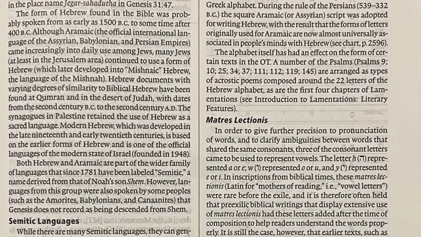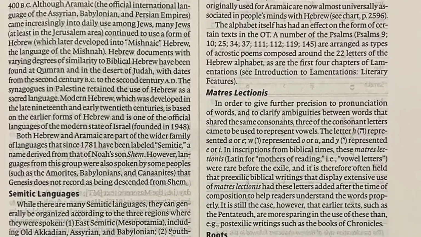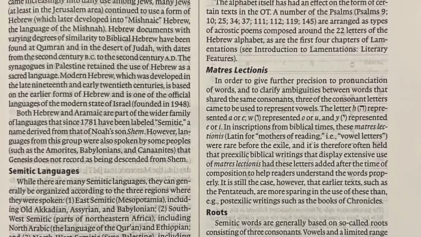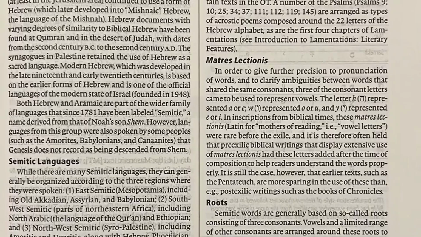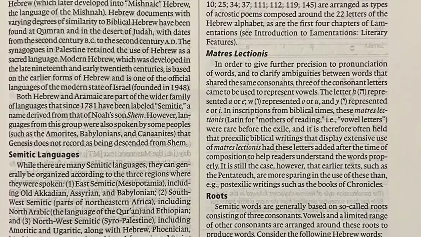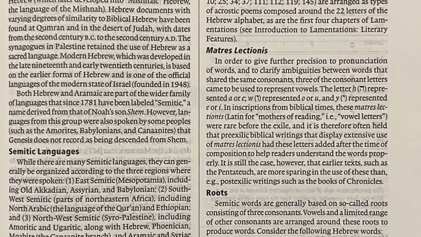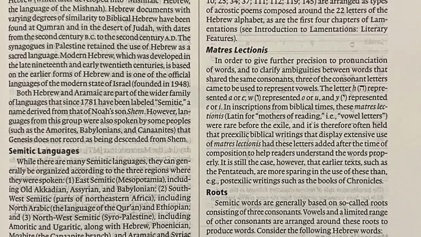Semitic languages. While there are many Semitic languages, they can generally be organized according to the three regions where they were spoken. First, East Semitic, Mesopotamia, including Old Akkadian, Assyrian, and Babylonian. Number two, Southwest Semitic, parts of northeastern Africa, including North Arabic, the language of the Quran, and Ethiopian.